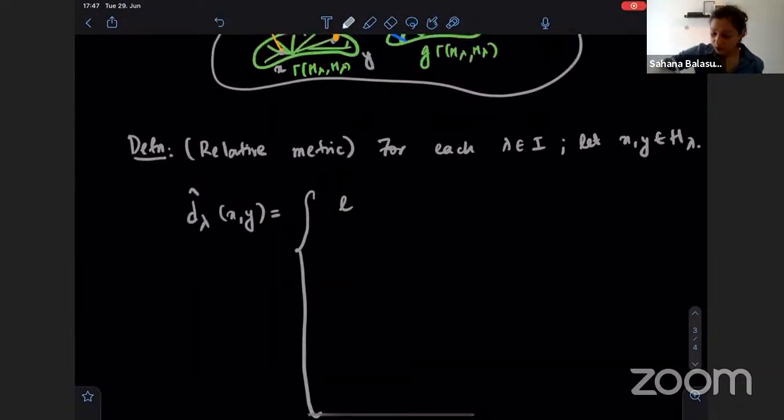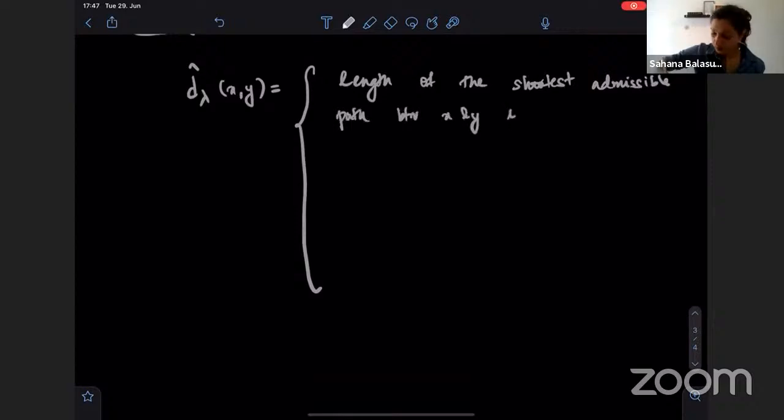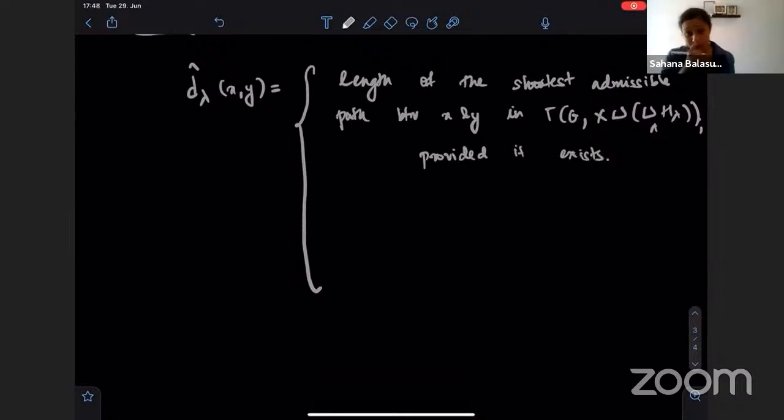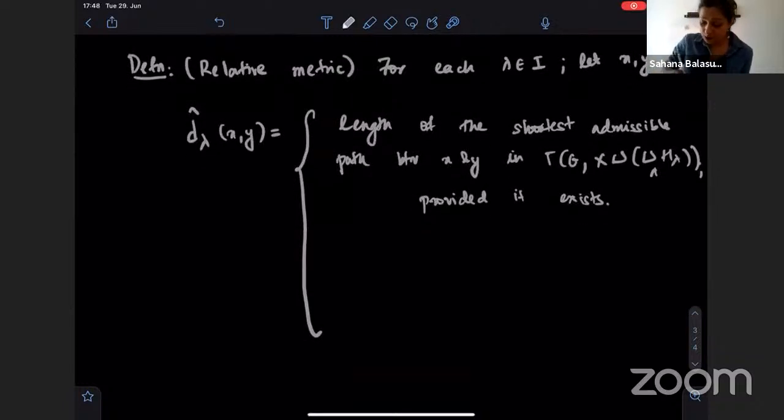It is going to be the length of the shortest admissible path between X and Y in our ambient space, provided, of course, that it exists. Because it is not guaranteed that for any 2 points in our subgroup, I would have such an admissible path. And if it doesn't exist, I set the metric to be plus infinity.